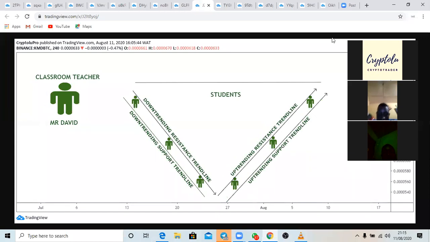Okay, good. Now that we understand what downtrending resistance trend line means, what downtrending support trend line means, what uptrending resistance trend line means, what uptrending support trend line means, now let's talk about breakout and retest.